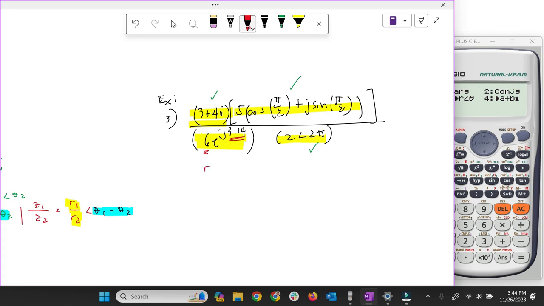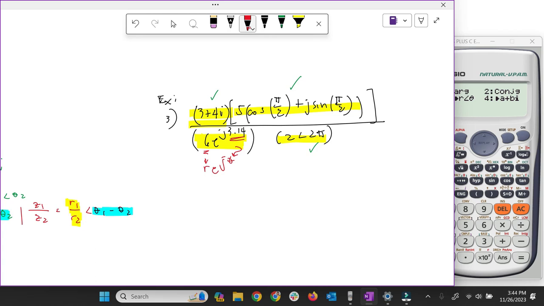Kung exponential, si r e to the i theta. So, meaning, si 6, siya si R, and then, si 3.14 here is the angle itself, no? Pero sabi nga natin kanina, notice na this is in radians, no? Kasi nga, sabi yan kanina, kapag exponential, dapat naka-rad mode or naka-radians yung iyong theta or yung iyong angle.